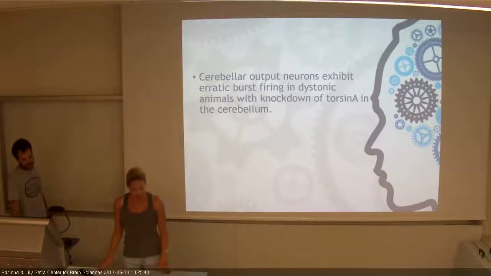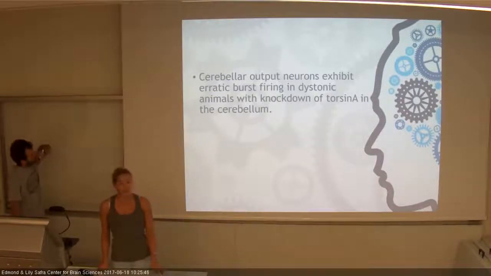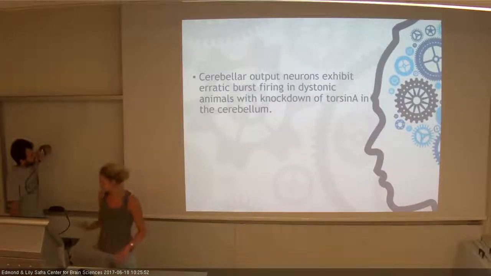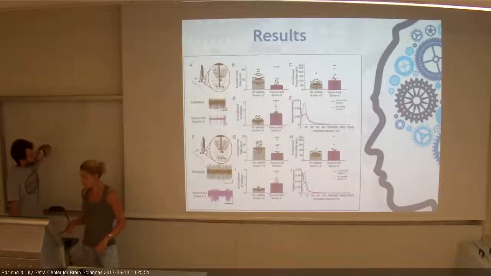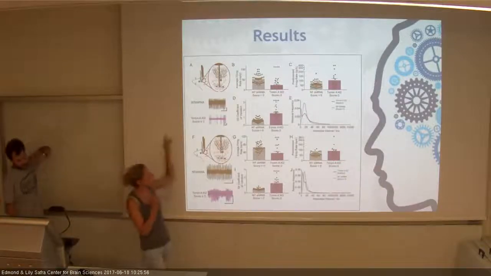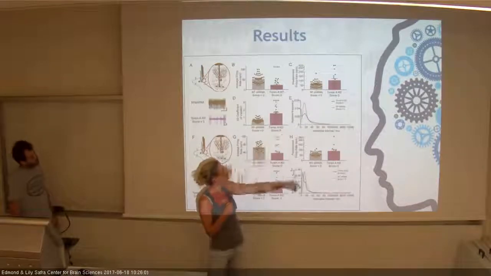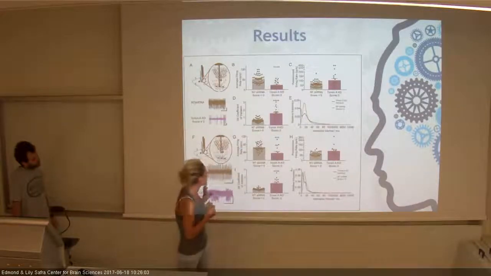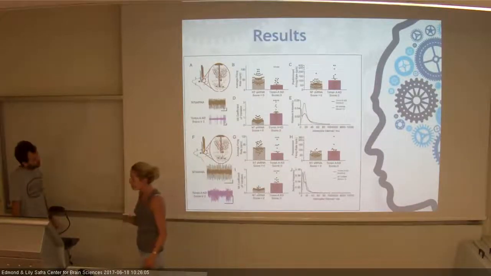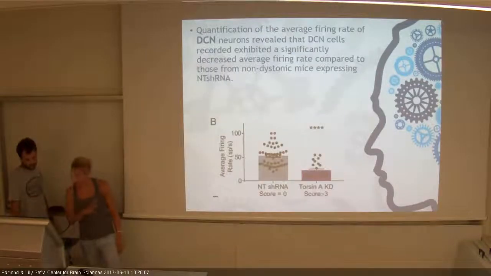They did in vivo extracellular recordings, and they found an abnormality in the firing, excitability and firing rate. So here are the results for the DCN neurons and for the Purkinje neurons, and we'll go a little bit inside.